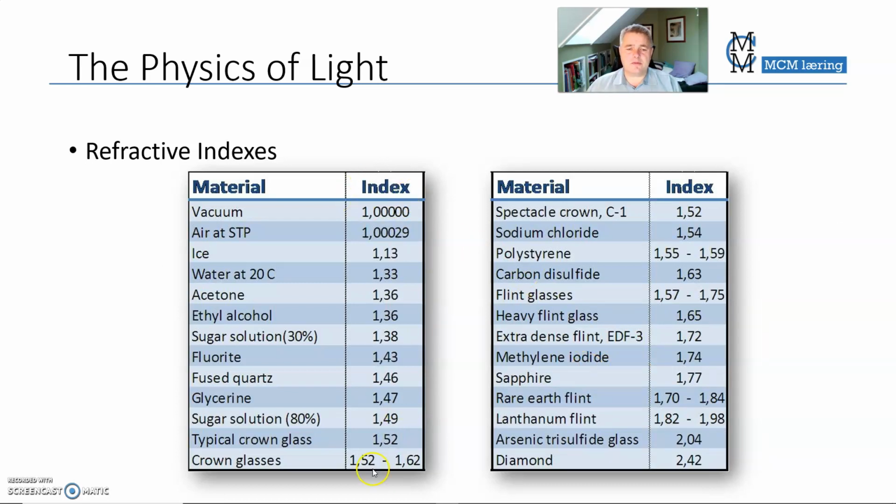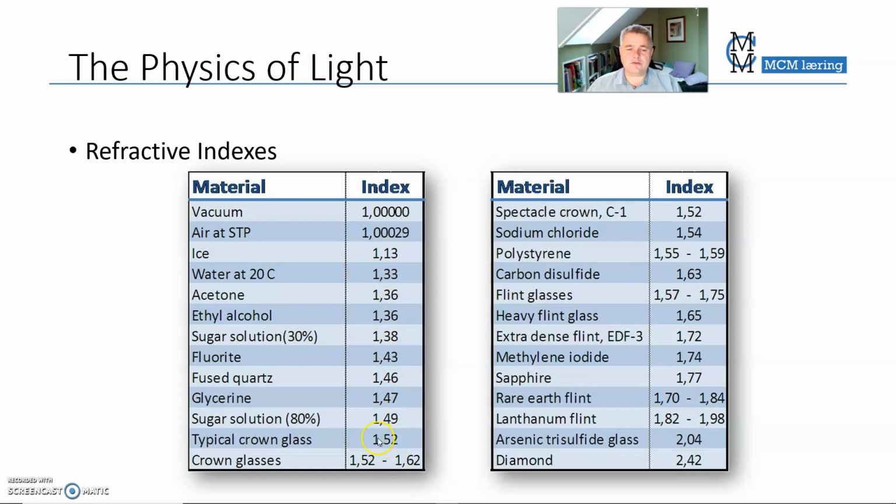So here are examples of some refractive indexes. You have vacuum defined as 1, air very close to 1, so for most practical cases we can think that the refractive index of air is the same as the one in vacuum. Ice 1.13, water 1.33, they are all higher.